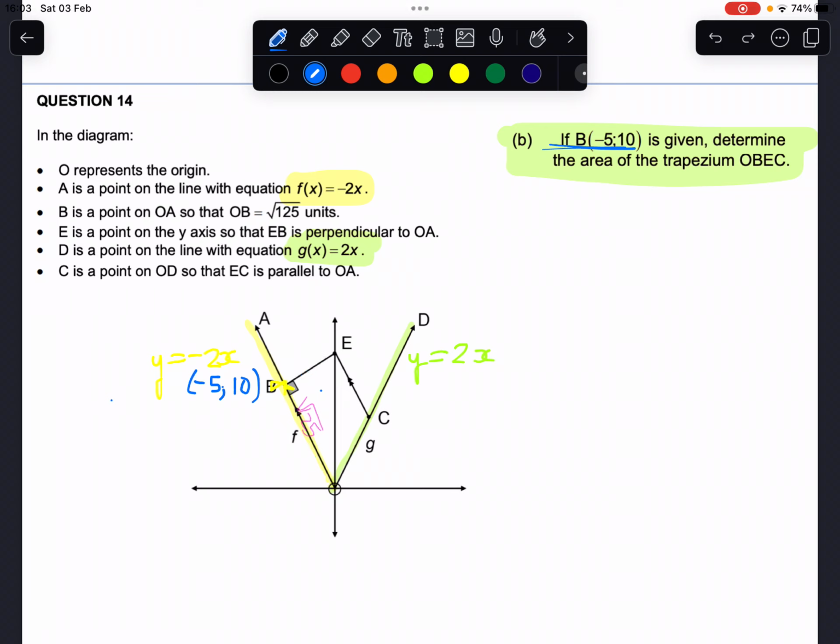Juicy. Okay, so the area of a trapezium, I don't think you get this formula on the formula sheet, but I just happen to remember that it is a half times A plus B times H, where A and B are the two parallel sides, and then H is the perpendicular height of the trapezium.